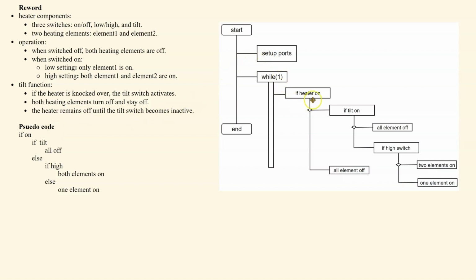A while one loop: if the heater is on, if the tilt is on, all elements are off. If the tilt is off, then if high switch, 2 elements on, else 1 element. And if the heater is switched off, then all elements off. So now pause the video and write the C code for this structure diagram.